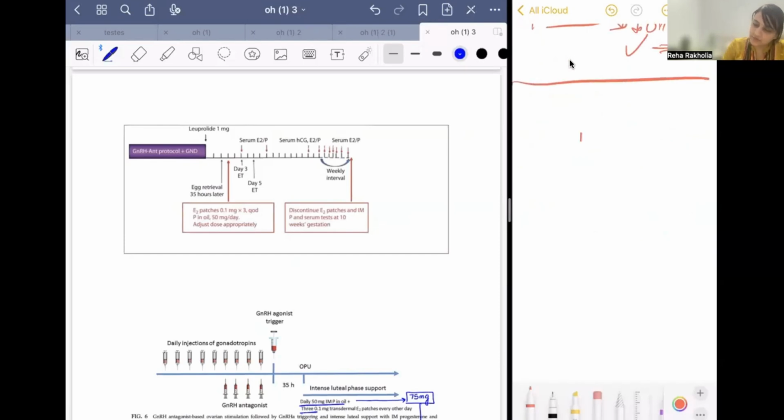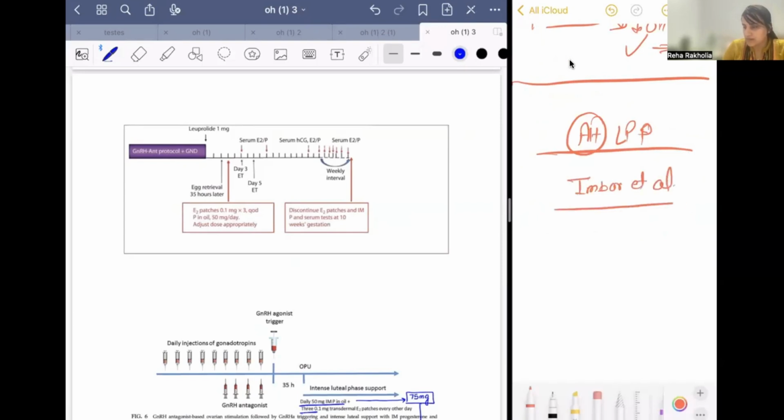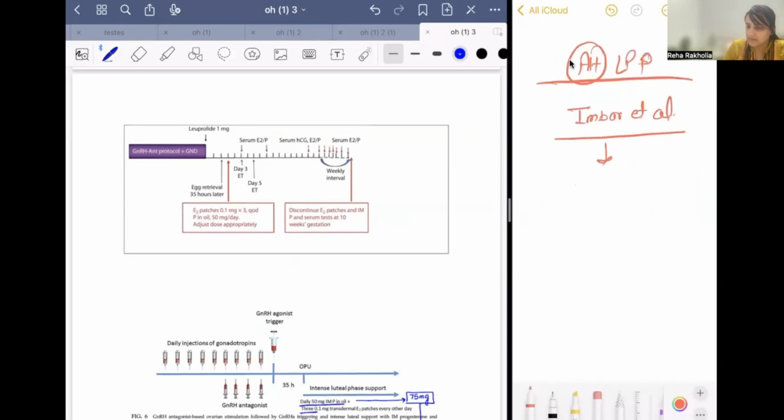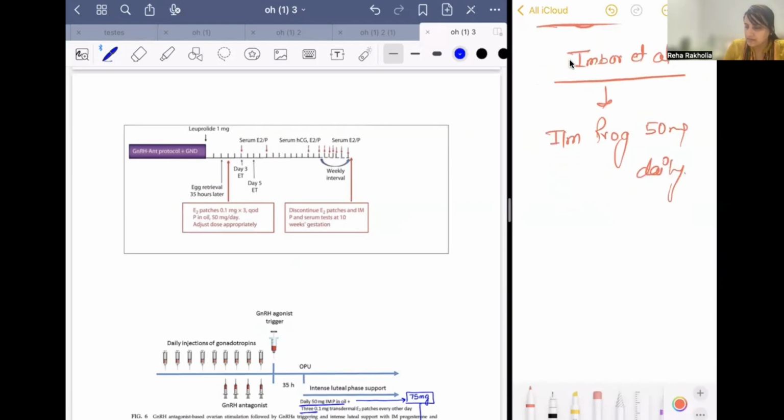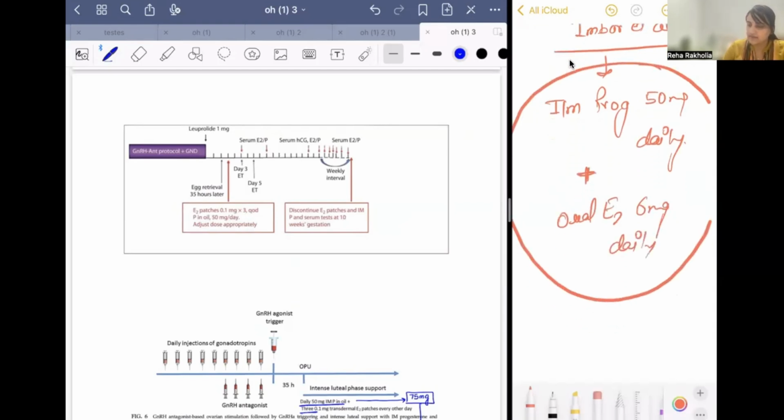Now, alternative luteal phase protocol is Imber et al. In this, intramuscular progesterone 50 milligram daily and oral estradiol 6 milligram daily is used until 10 weeks.